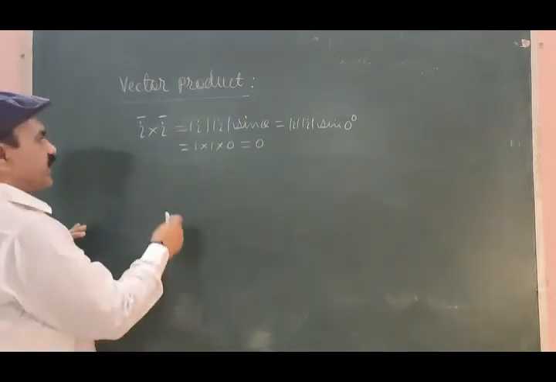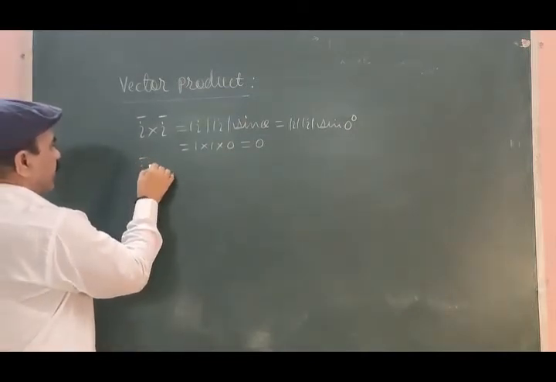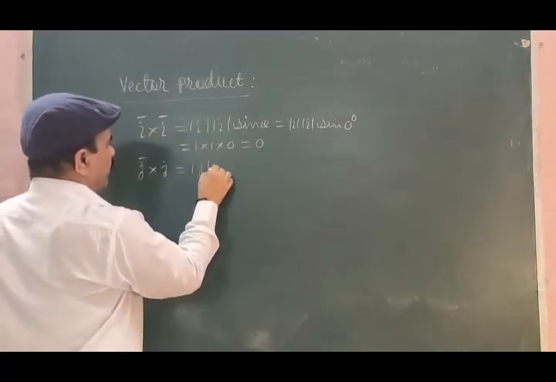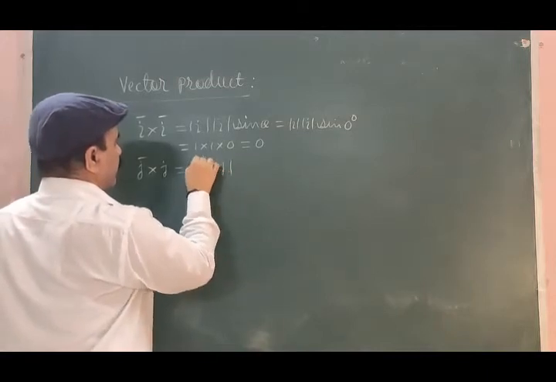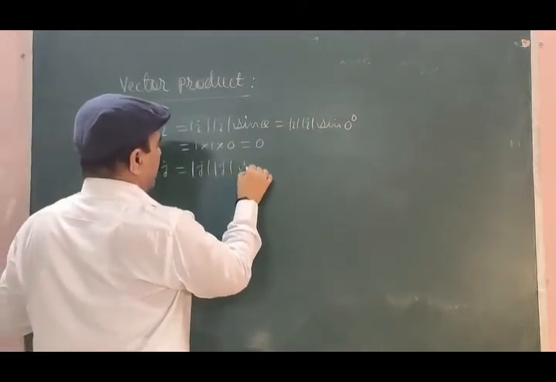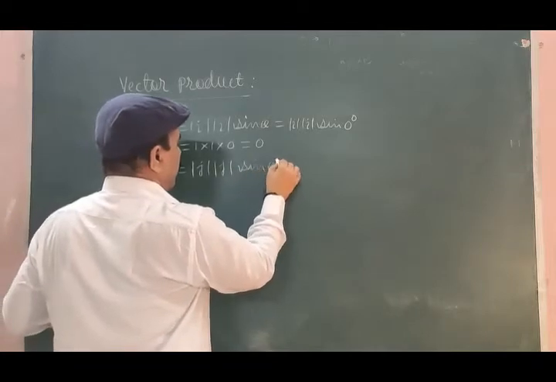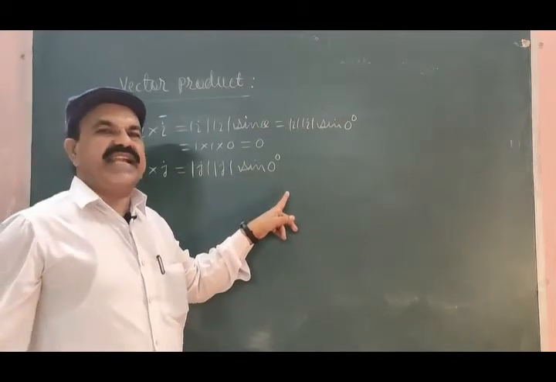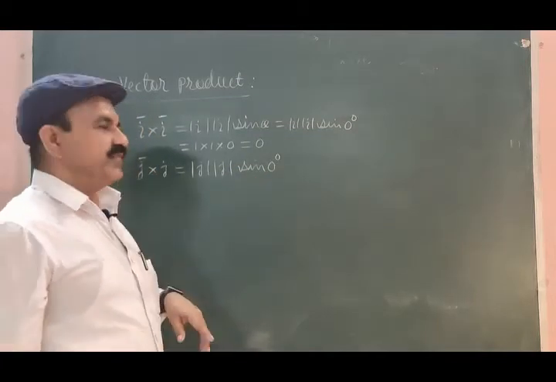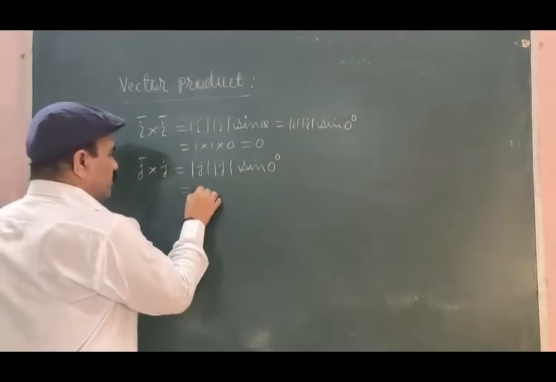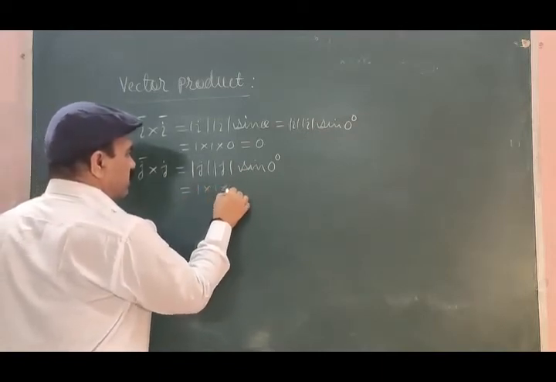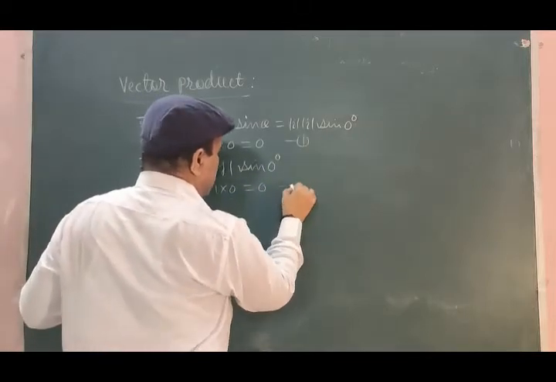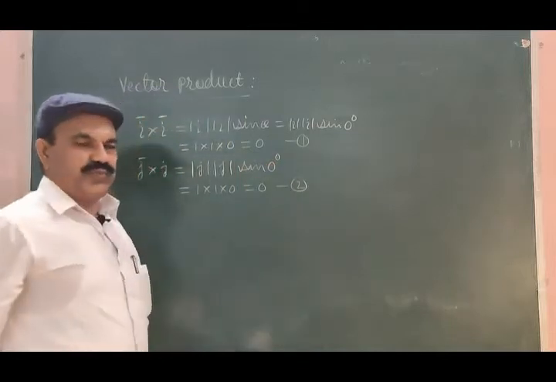Let us go for j cross j. The angle between j and j is 0, so sine 0 gives 1 into 0, which is equal to 0. This is equation 2.